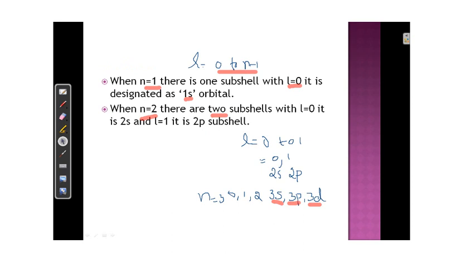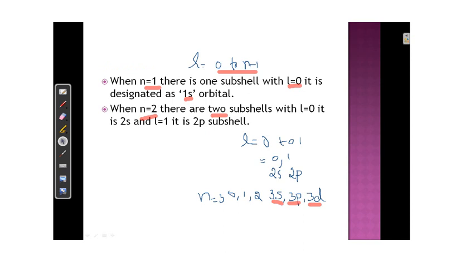So according to the l values, that is 0 to n minus 1, when we take the principal quantum number as 1, then 0 to 1 minus 1, that is 0. Therefore, it is only one subshell and it is designated as 1s orbital.